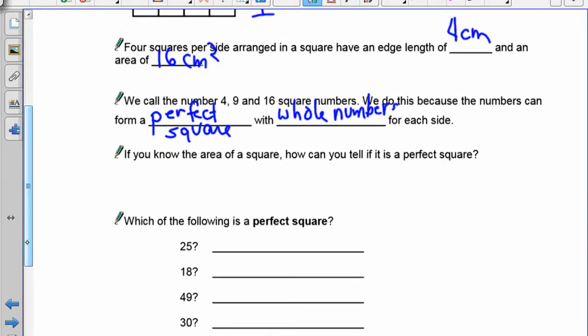So if you know the area of a square, the question is, how can you tell if it's a perfect square?